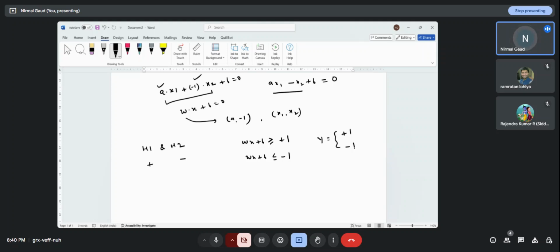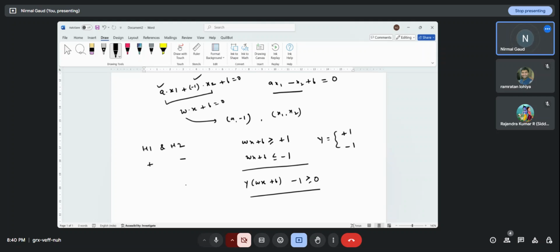Then we combined these two equations to make a constraint equation. I combined these two and wrote y times (Wx plus b) minus 1 greater than or equal to 0. So this will be the constraint equation.